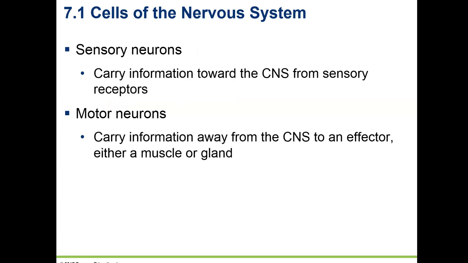Sensory neuron carries information toward the CNS, toward the brain and the spinal cord. Motor neuron carries information from the brain and spinal cord to an effector. Effector is either a muscle or a gland.